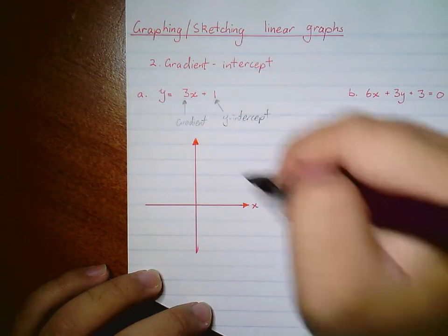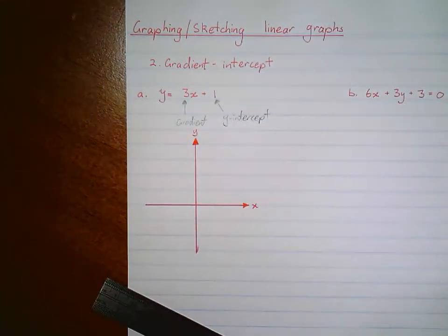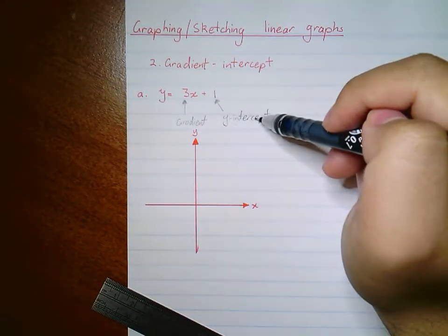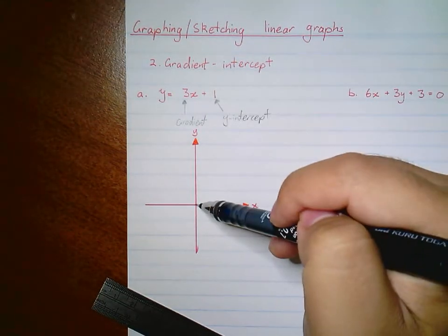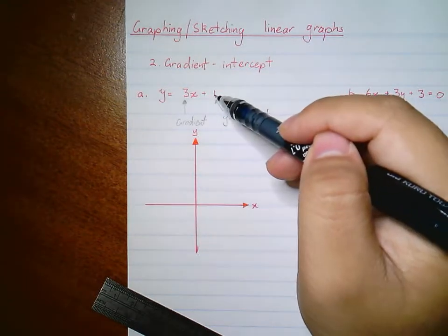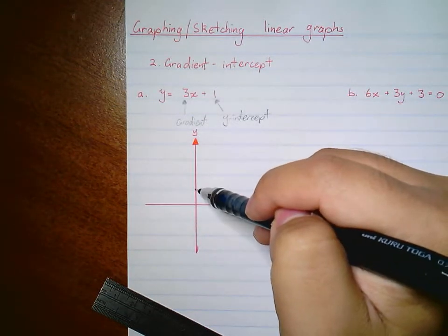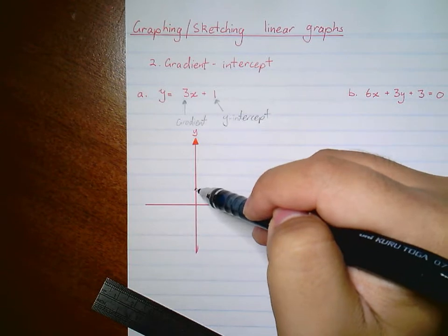There's our x, there's our y. And since we know that this is our y-intercept, that means that at x equals 0, this line passes through the value of 0, 1.